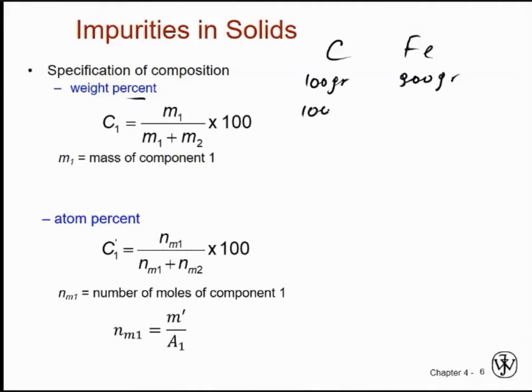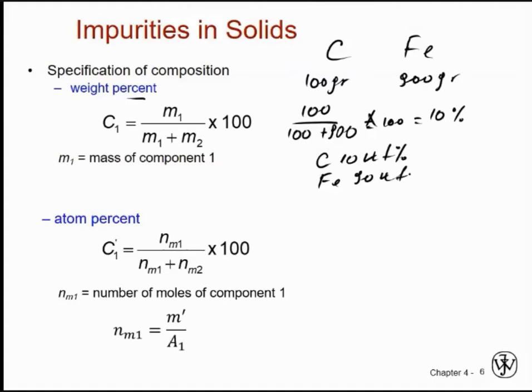So I will take the amount of carbon divided by the total mixture and multiplied by 100%, it will be 10%. So I can note it like this. Carbon will be 10 weight percent and iron will be 90 weight percent.